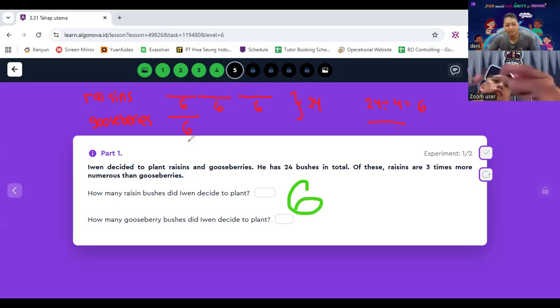Okay, so now how many raisins? So how many raisins?